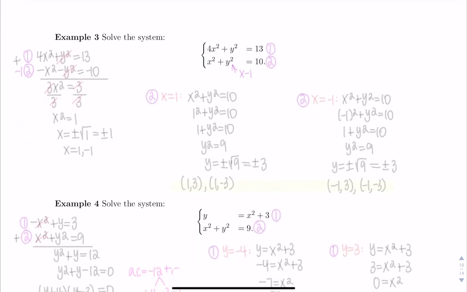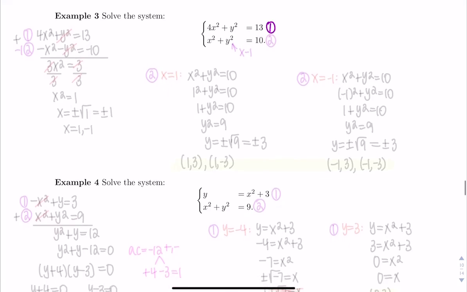So let's go ahead and number our equations. Both of my y's are squared, and they both have a coefficient of 1. So I'm just going to multiply the second one by a -1 so that when I add them together, they cancel.